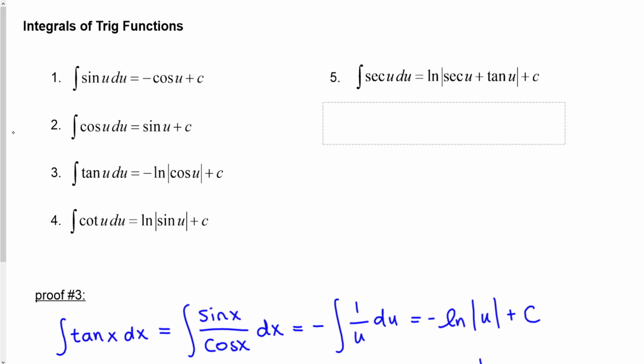It's very similar, in fact. And its partner function, the cosecant, is the negative natural log of cosecant u plus cotangent u. So I would definitely memorize each individual function as a group and just remember the partner functions as which one's negative and which one's positive.